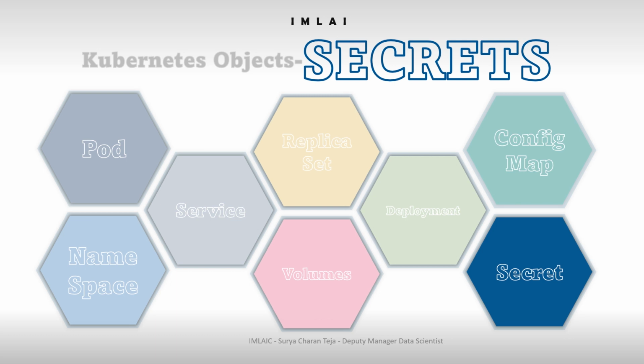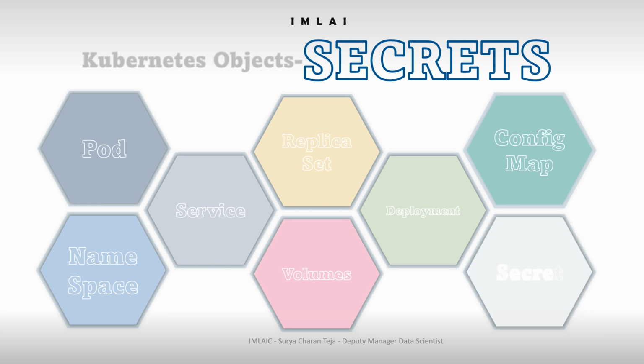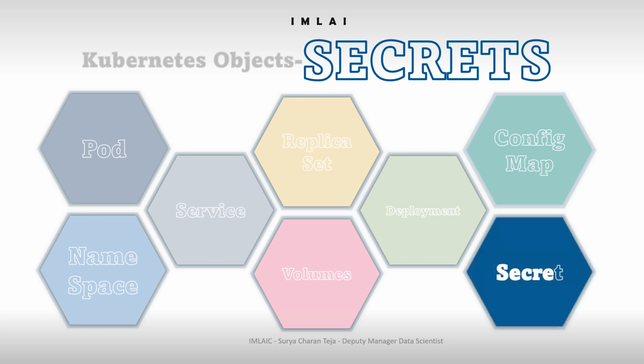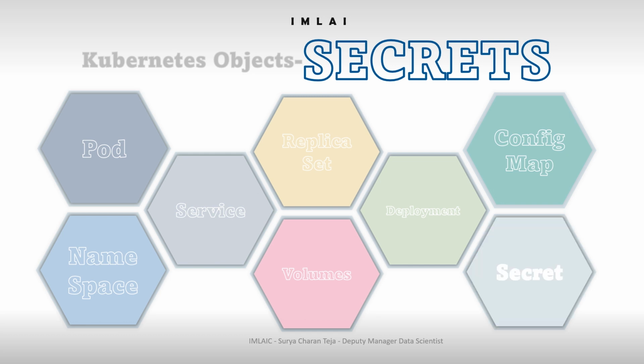So if you're storing things like passwords or your Docker registry credentials, which you will inject in your pod definition file, then this sensitive information, like passwords, will be in clear text in your repository, because all the definition files that you write will be in a Git repository.